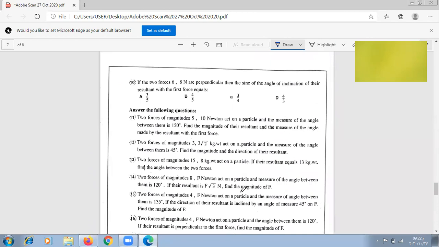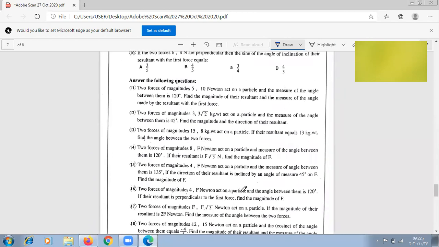You will find it on the site of the Ministry of Education. Let's see what we have. I am going to solve a couple of problems here. You can try yourself in the rest, and I will send you the answers on WhatsApp.